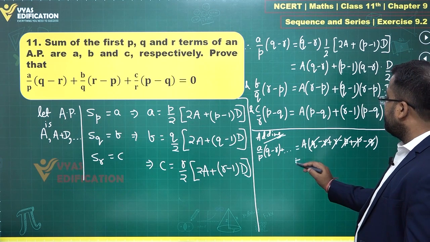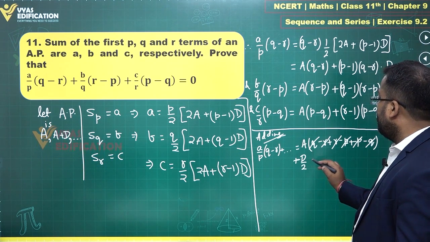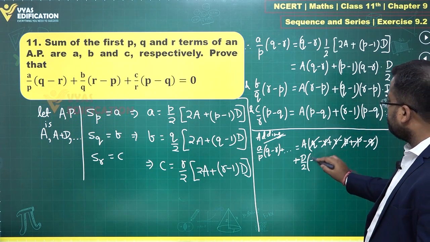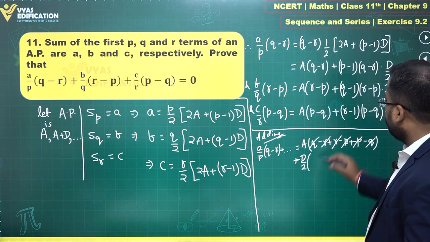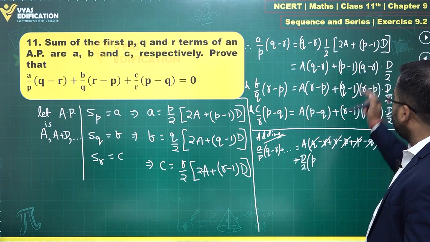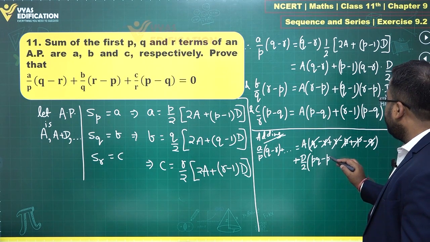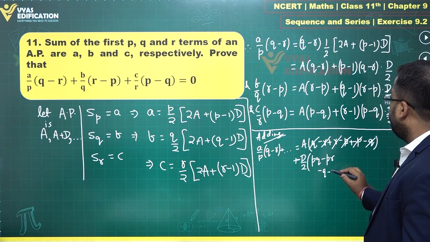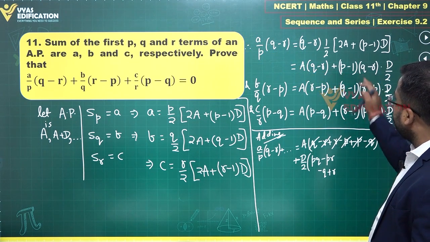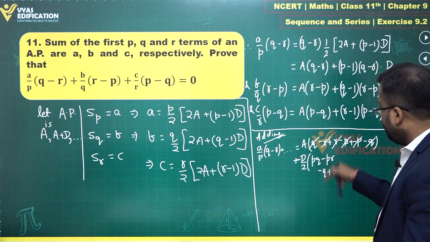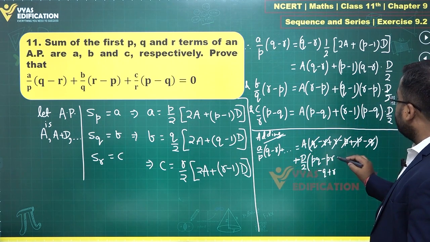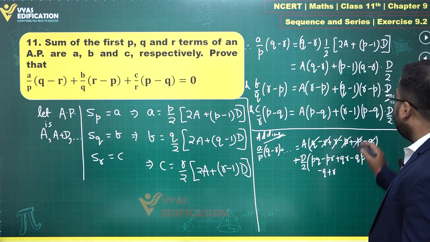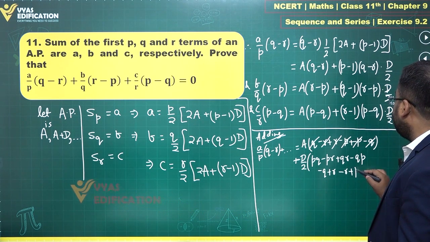Similarly, for plus D by 2, what do we have? You have P times (Q minus R), that is PQ minus PR, and you have minus Q plus R first of all, right? Multiplying these two, there will be 4 terms. QR minus QP and minus R plus P is what I have.